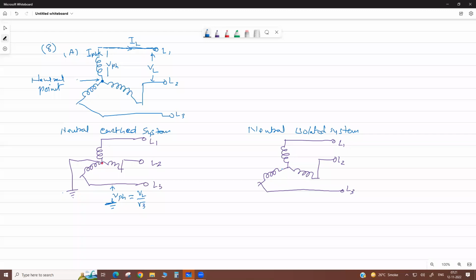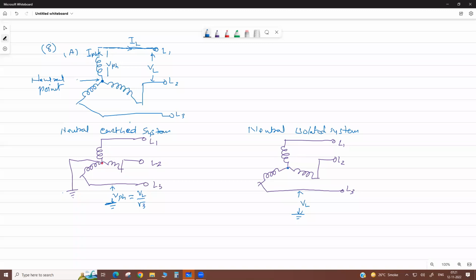But in an isolated system, if you check the potential between any line and ground, it will be the line voltage. This is the major difference. So here less insulation is required per winding, but in the isolated system it is designed for the line voltage.